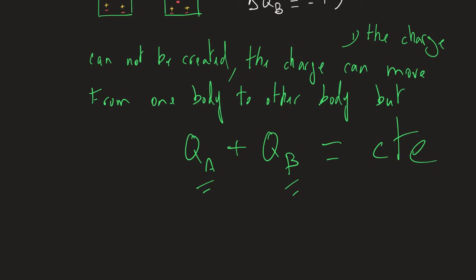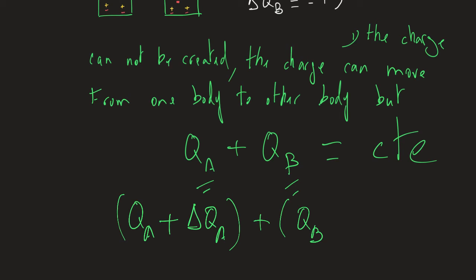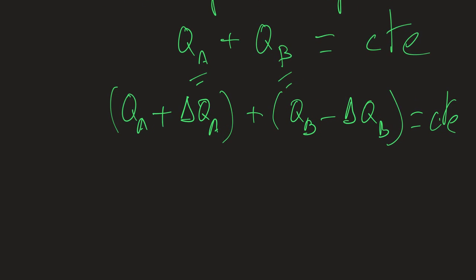So if QA increases by some amount, it is because QB decreases by some amount. But in the end, the sum will be constant. This means that delta QA should be equal to minus delta QB.